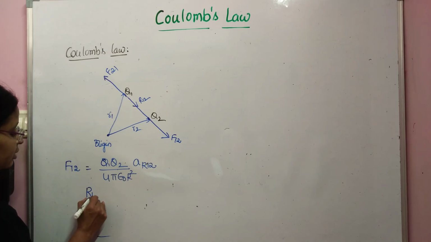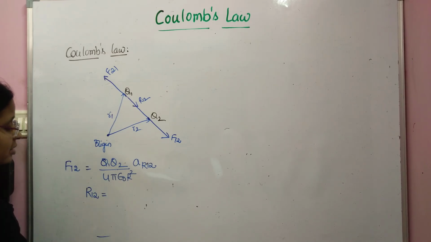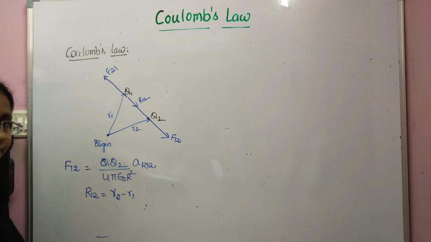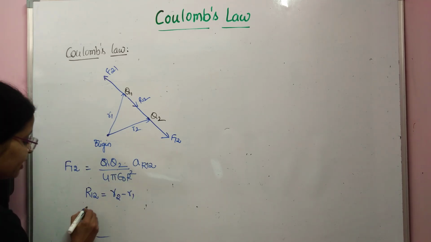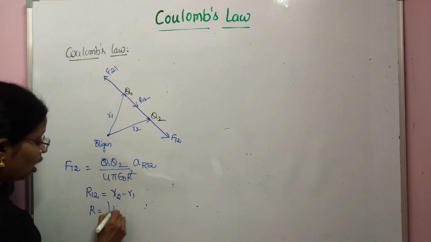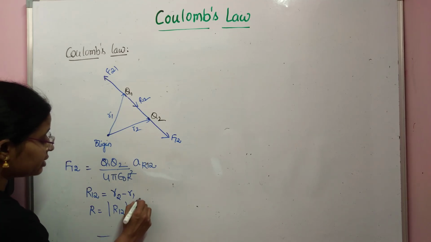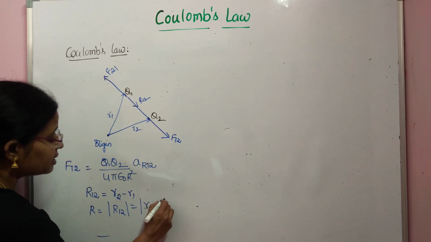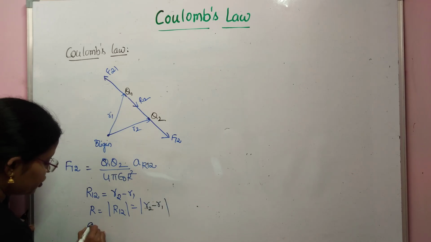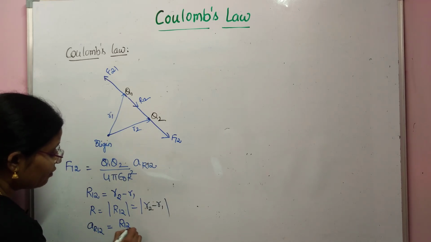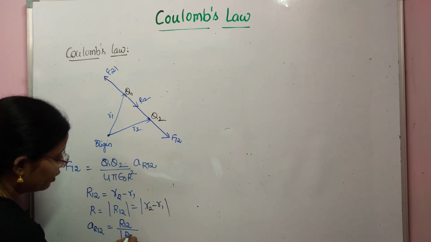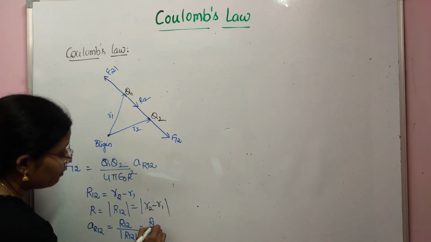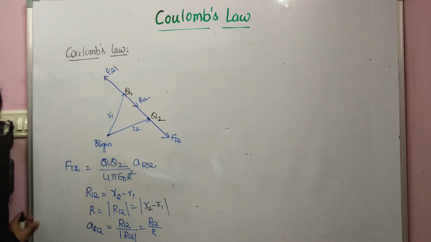The distance vector R12 is R2 minus R1. Then your distance R is mod R12, that is mod R2 minus R1, and your unit vector AR12 is R12 by mod R12, that is R12 by R.